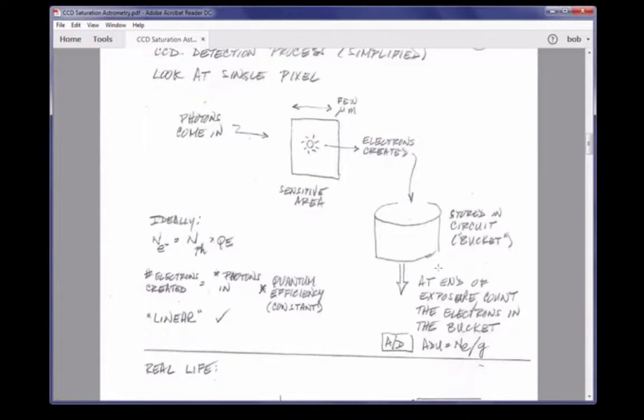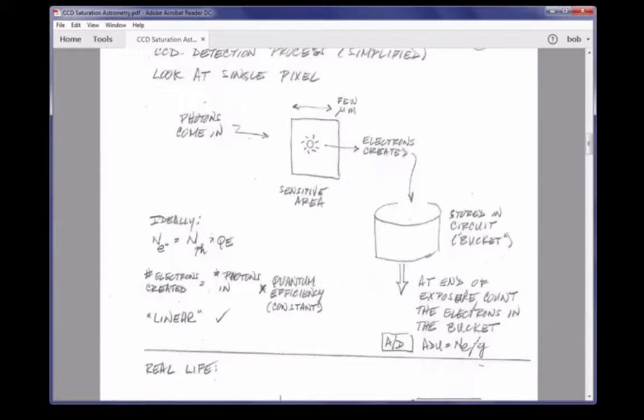It counts electrons and then turns it into a number that is usually called the signal counts or the ADUs, which stands for analog to digital units. So you've got a bunch of electrons in here. Let's call that N sub E, the number of electrons in that bucket for that pixel. And there's a design parameter in the electronics called the gain, which is measured in electrons per ADU.